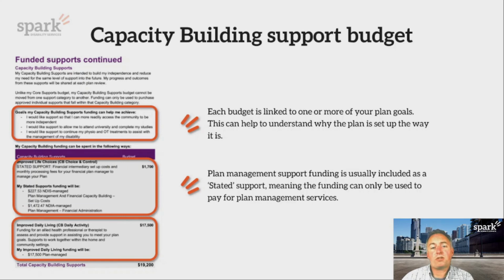Other support services that can be covered by the improved daily living category are things like a support worker to assist the person to work through that therapy program that they've developed with their therapist, or perhaps training and education for a person's family members and carers to help them to provide effective support to the person at the center of the plan.